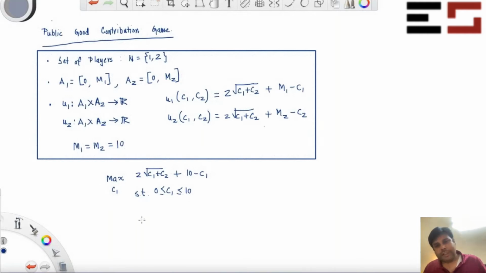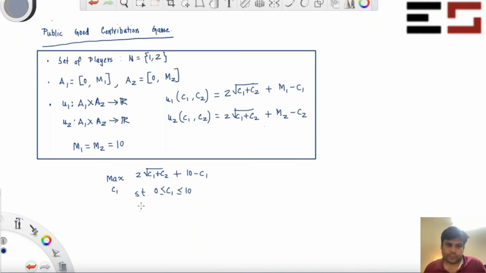Okay, so let's solve this problem. How do we solve it? We can take the derivative of the objective function, see how the function looks, and then use it to figure out the optimal value of C1 as a function of C2.